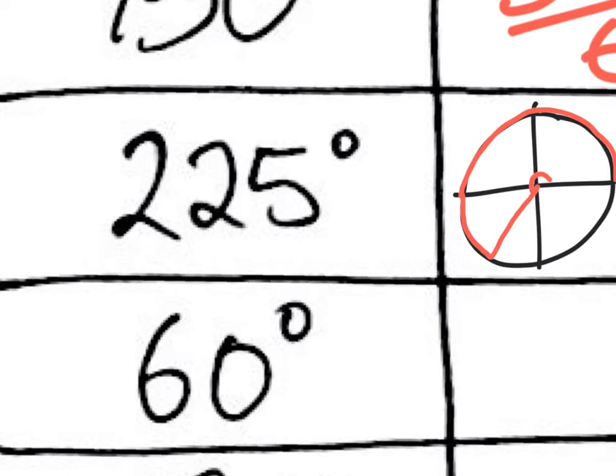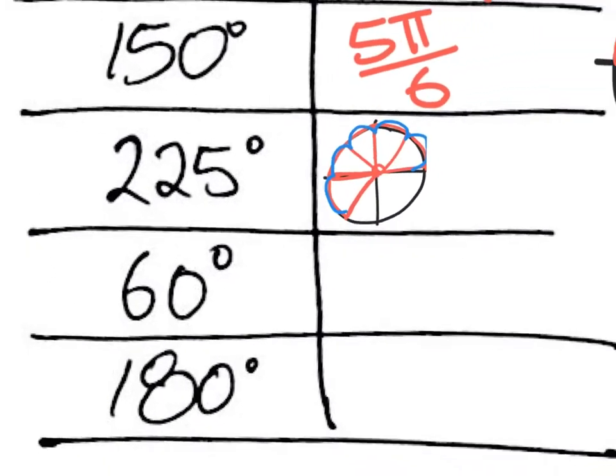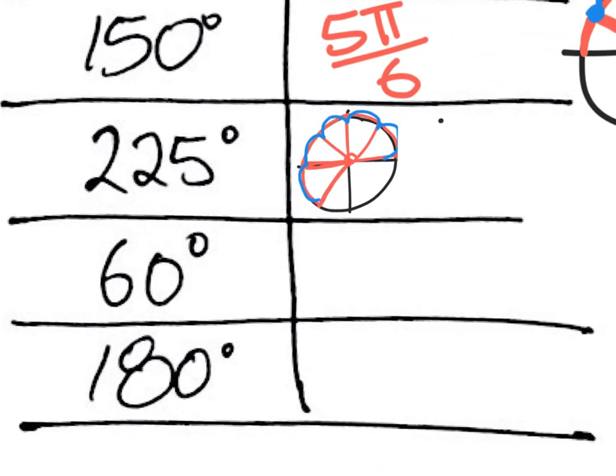Oh yeah, converting to radians. So there's a 1/4 of a pi, and a 1/4, and a 1/4, and a 1/4, and a 1/4. Count them up. 1, 2, 3, 4, 5. So that was 5/4 of a pi, which we write as 5 pi over 4. Oh, I switched my color scheme there.